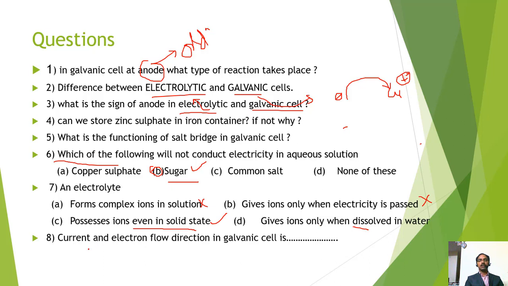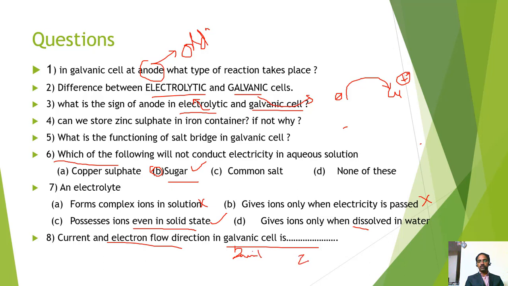Next, the current and electron flow direction in a galvanic cell: the opposite direction is the answer. Taking the Daniell cell, we can give some more explanation.